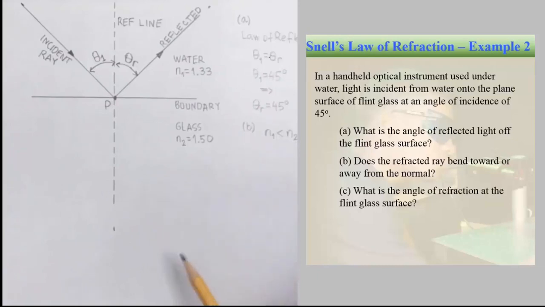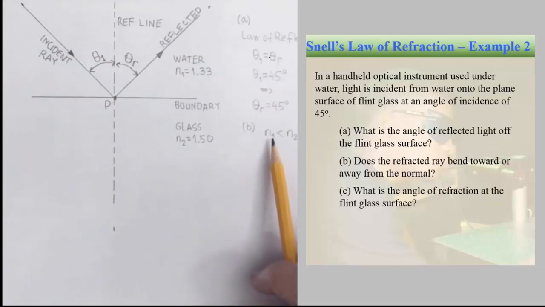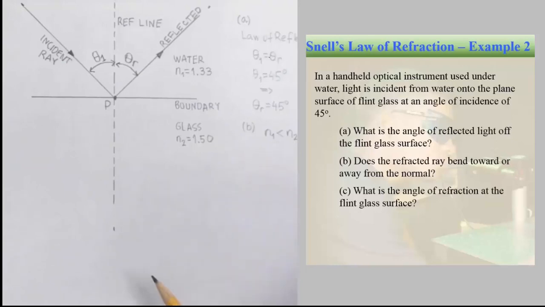And we know that in such a case of refraction from an optically less dense to an optically more dense medium, the light is going to refract towards the axis. So the answer to part B of the problem is that light bends toward the axis.